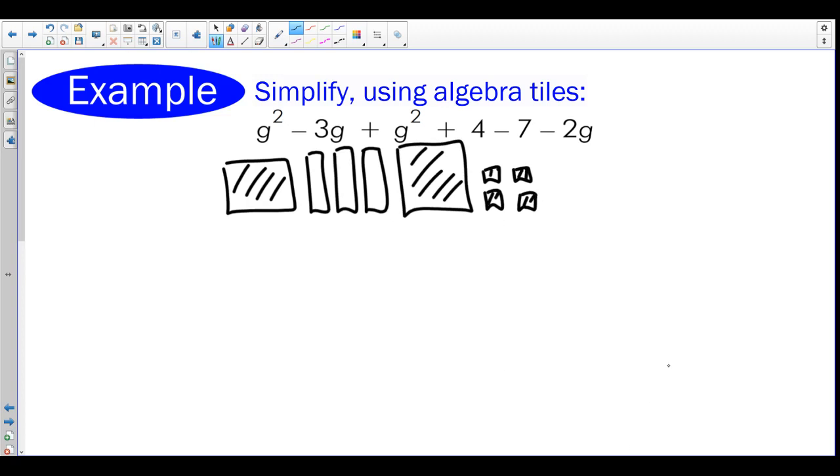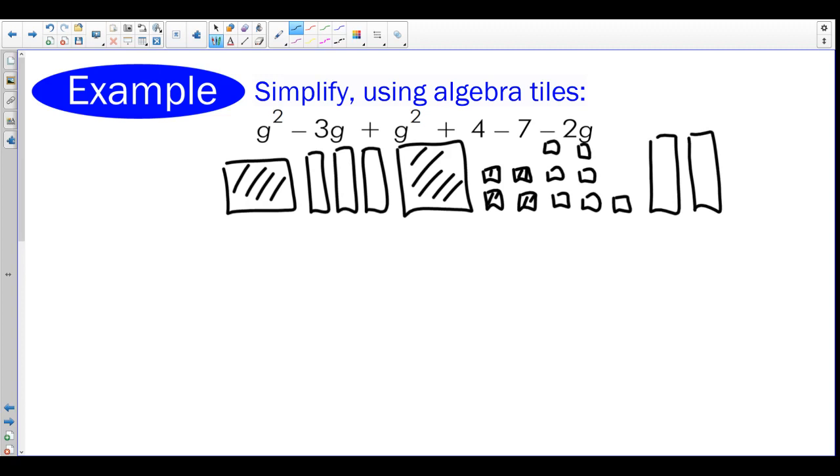And then it's minus 7, so that's 7 unshaded little squares. And then it's minus 2g, so it's 2 unshaded rectangles. So that's how we draw it out. After we draw it out, then we put all the like stuff together.